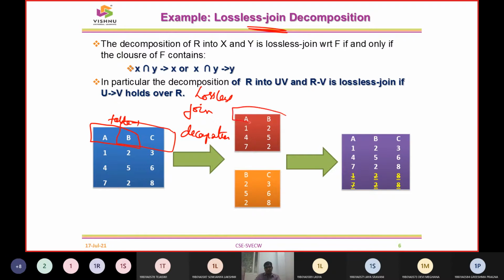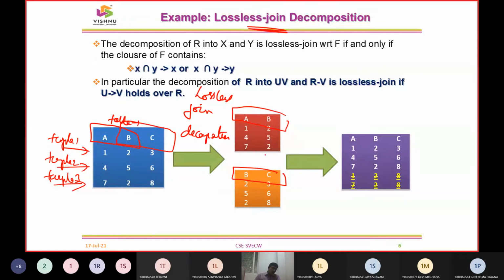So what are the tuples? 1, 2, 3, 4, 5, 6, 7, 8, 9. So this is tuple 1, tuple 2, tuple 3. Three tuples are going to happen.